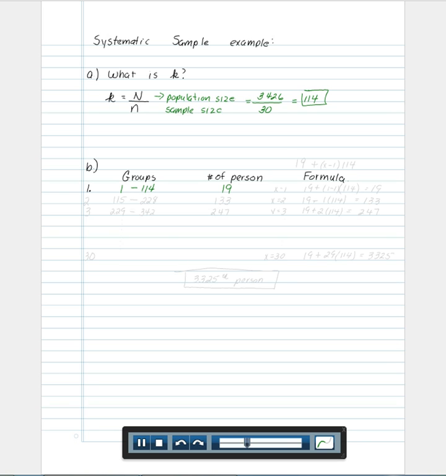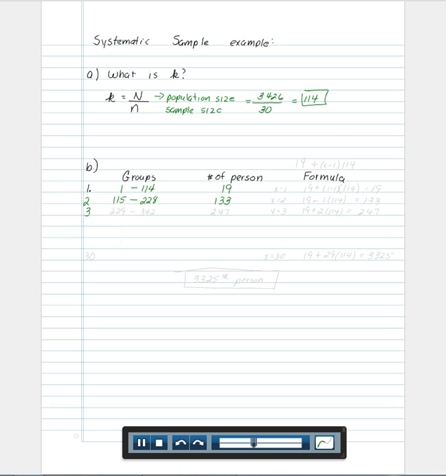Okay, so what we're going to do is go ahead and do a couple of groups. So then the second group would be the same size, so we just add 114 to that, so that would be 115. And then add 114 to the upper end, and that would give me 228. So then the next one is found by just adding 114 to 19, and that gives me 133.